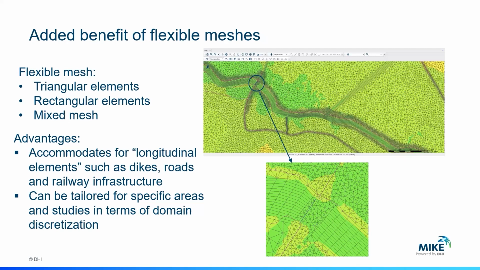The floodplain would be considered using a full triangular mesh, and then the elements like dikes, roads could be considered depending on the user's preference, either by using a rectangular element mesh or a triangular element mesh. But the idea is that we can create much more refined areas where we need to have a better representation in order to also compute with high precision and no instabilities all the flow parameters.